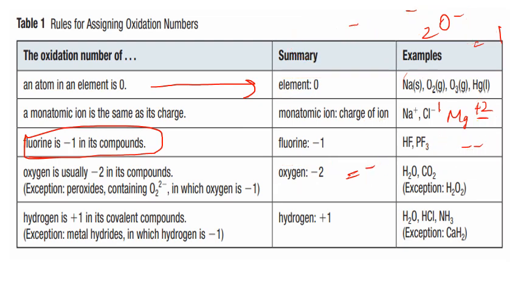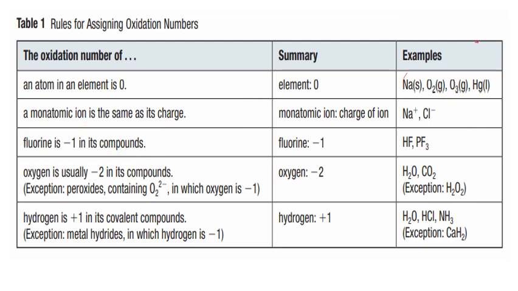What we are saying is that you always have to keep in mind that fluorine is treated as oxidation number minus 1 and oxygen as minus 2. You can see from the electronic configuration as well that fluorine will have minus 1 and oxygen will have minus 2. Now for water, oxygen you already know is always minus 2, and two hydrogens are present, so these two hydrogens should collectively have plus 2 oxidation number.